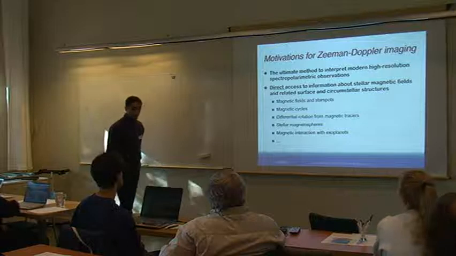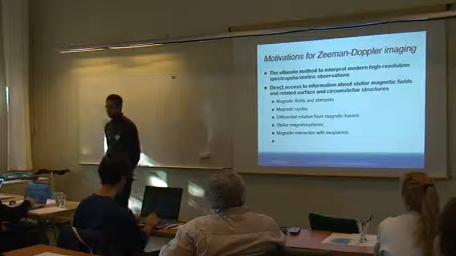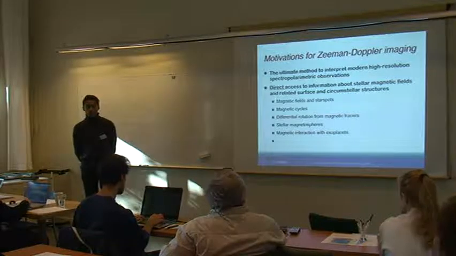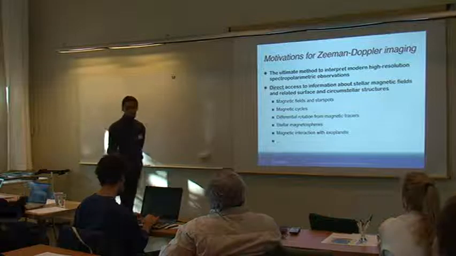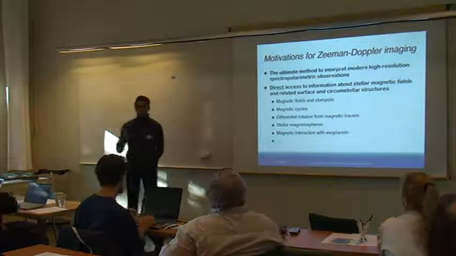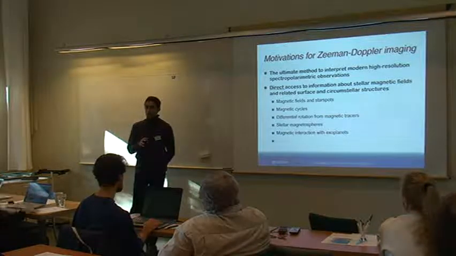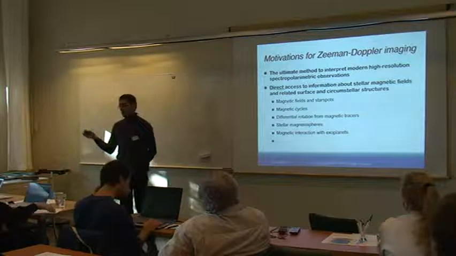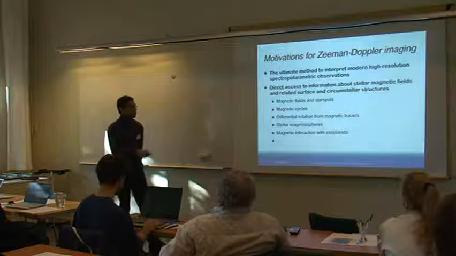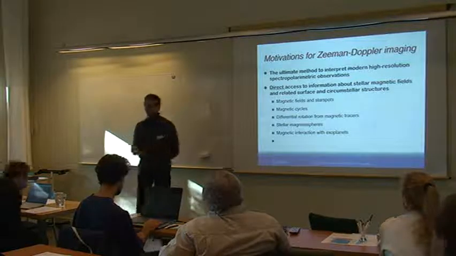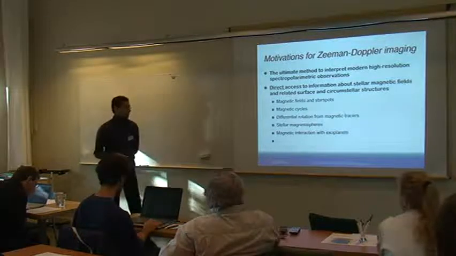And unlike the common study of magnetic activity through a variety of proxy indicators, Zeeman Doppler imaging offers us a chance to obtain direct access to the information about magnetic fields and study how surface magnetic fields in stars are related to surface structures like spots, chemical spots for hot stars, and temperature spots for cool stars, and also tell a lot about interaction between magnetic field and matter in a circumstellar environment.